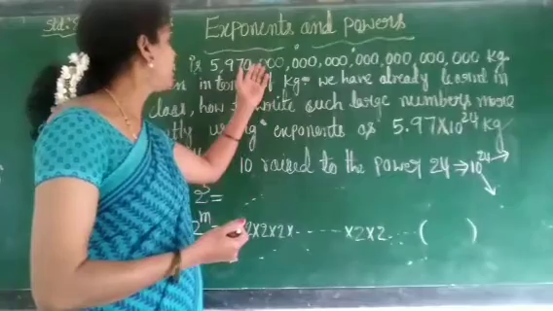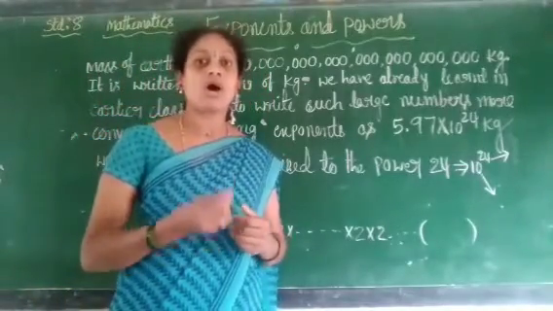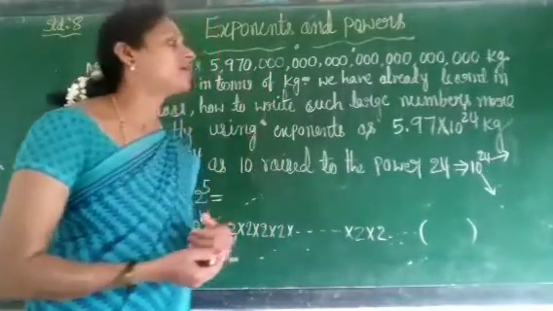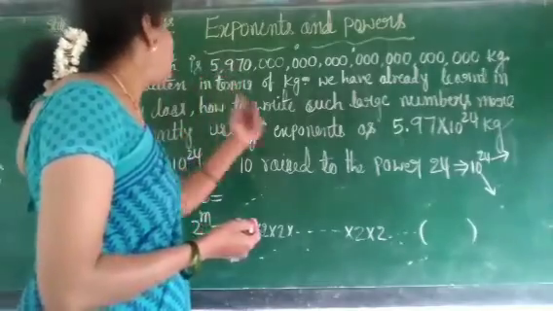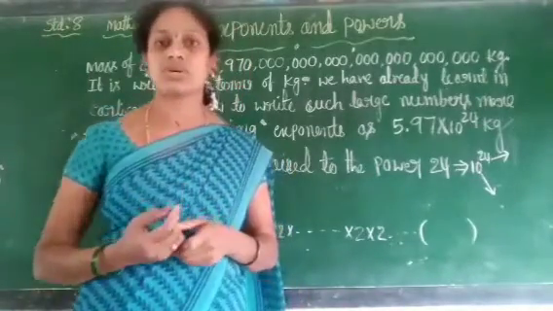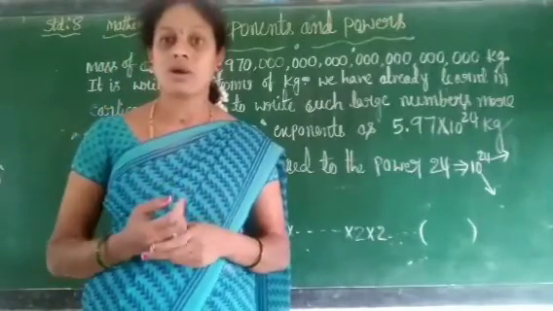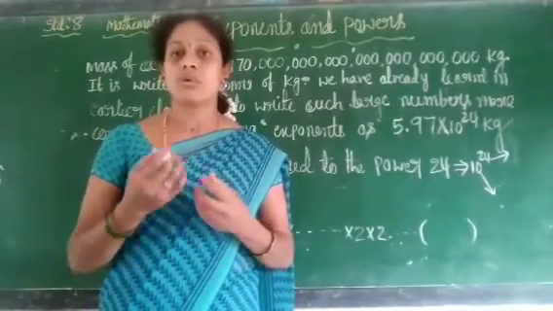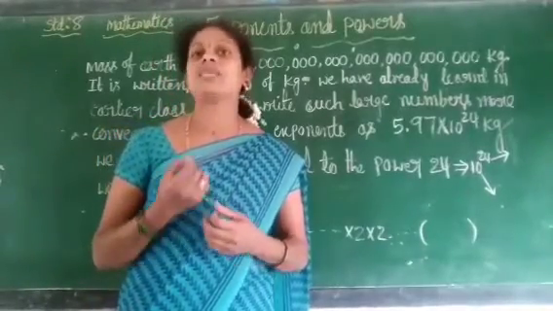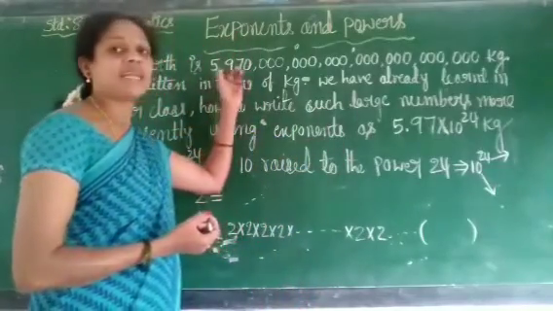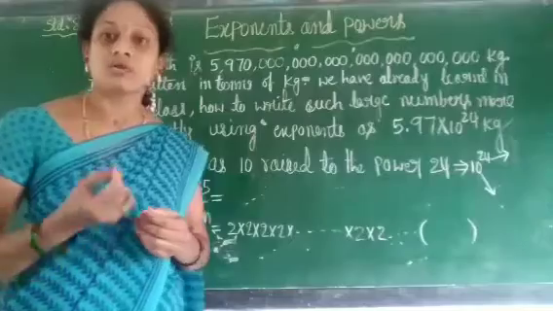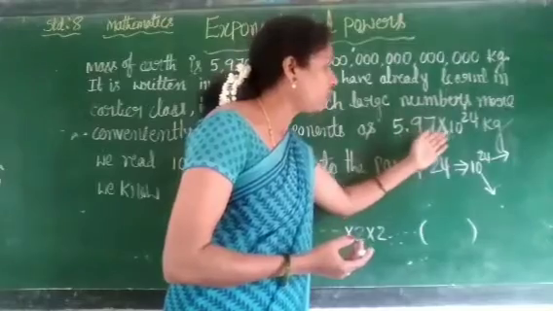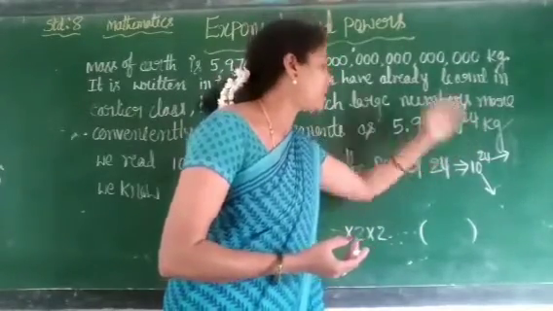We have already learned in previous classes how to write such large numbers more conveniently using exponents, as 5.97 into 10 to the power 24 kg.